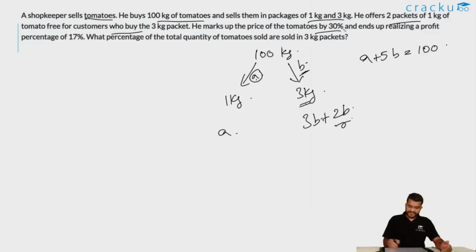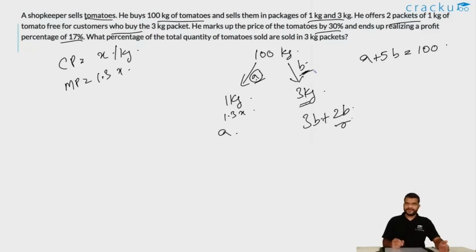Now he marks up the price of the tomatoes by 30% and he ends up realizing a profit of 17%. Let the cost price of tomatoes be equal to x per kg. Therefore, the mark price is equal to 1.3x. So for a packet of 1 kg, the mark price will be equal to 1.3x.